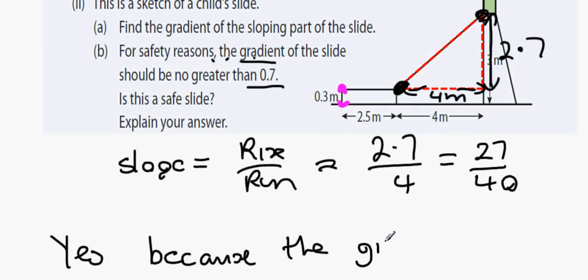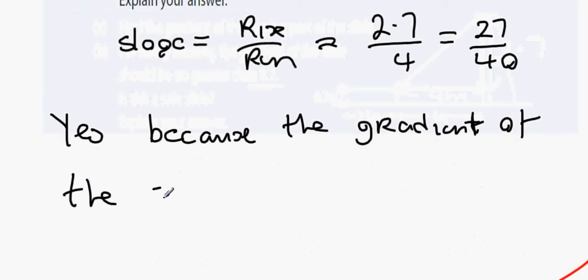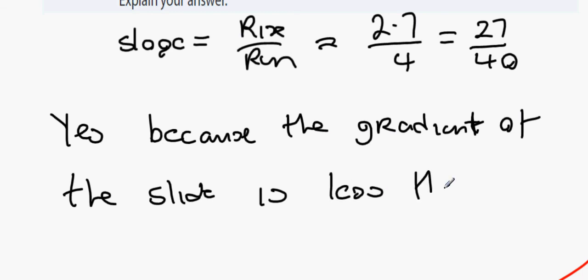The gradient, which is another word for slope, is less than 0.7. Okay, that will conclude the end of the first video.